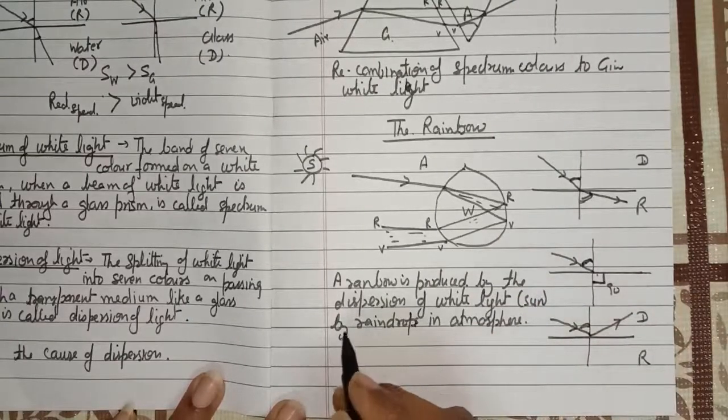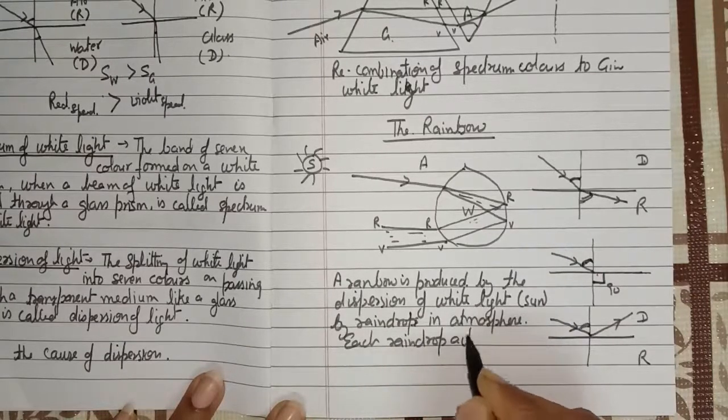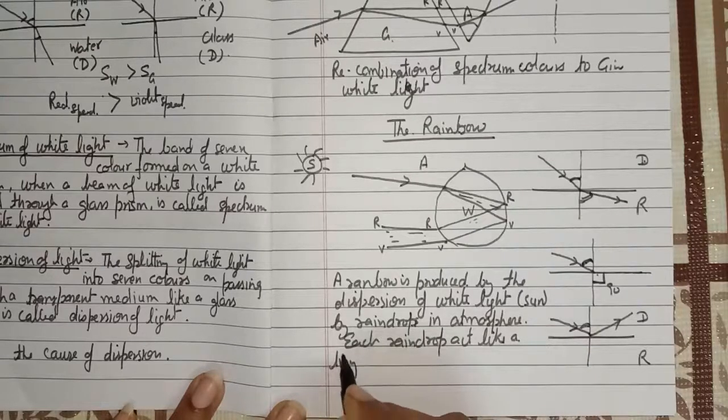Each raindrop acts like a tiny glass prism. You understand the working of the glass prism? That's how the raindrop works.